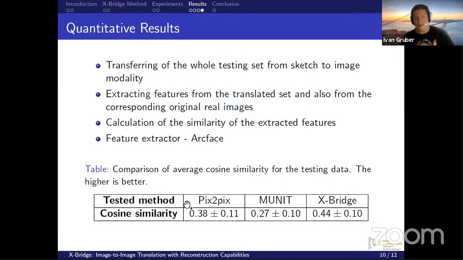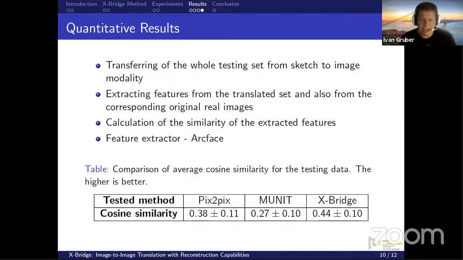And now for some quantitative results. To obtain quantitative results, we take the whole testing set and transfer it from the sketch domain to the image modality. We extracted features from this transferred set and also from the corresponding original real images, and after that, we calculate the similarity of the extracted features.